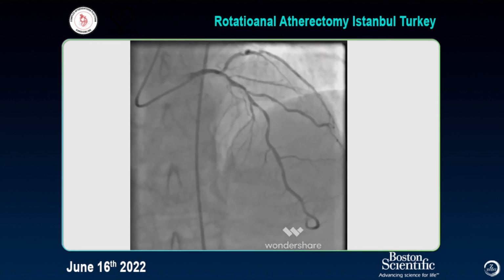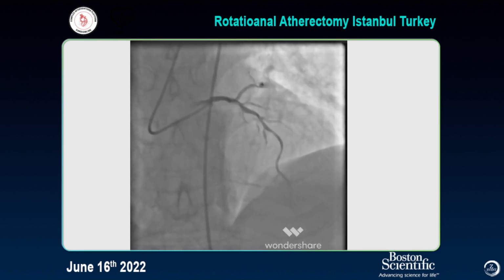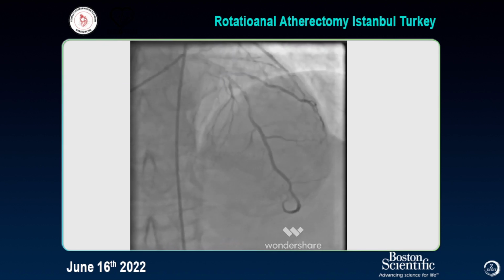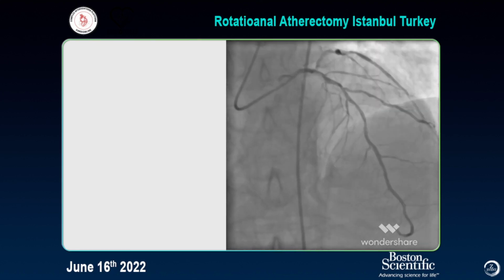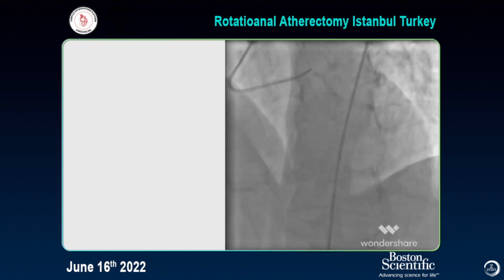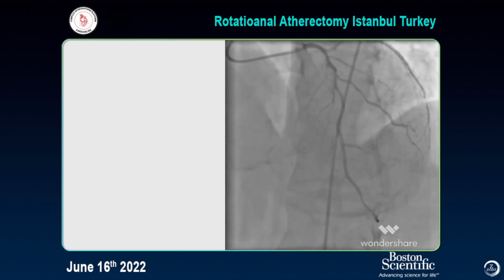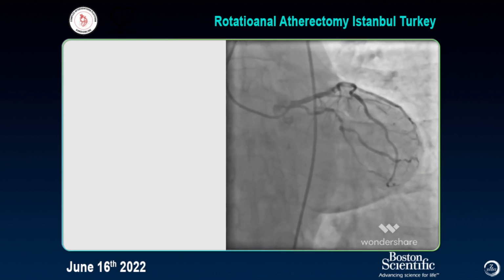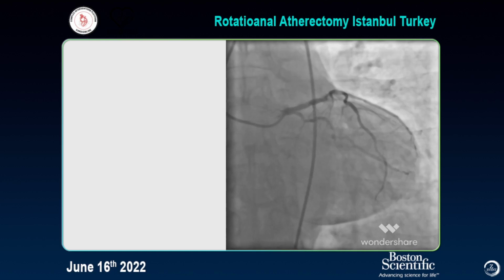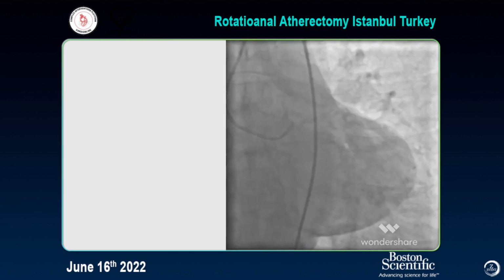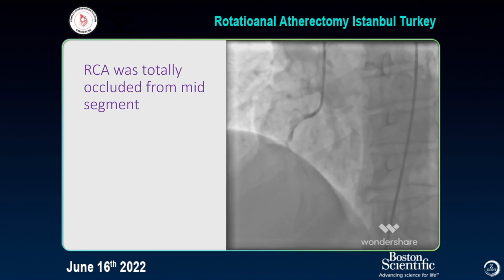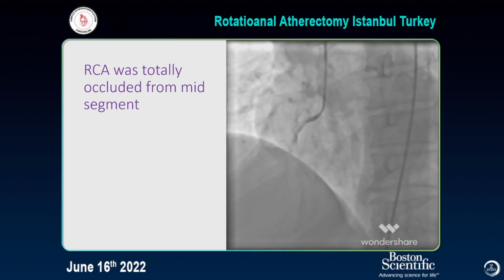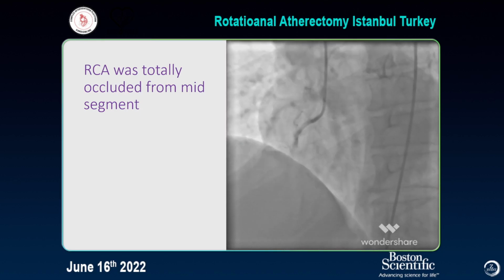On angiography, there was a diffuse severe lesion on the LAD involving both the diagonals. You can see a highly calcified coronary on the LAD. There was also a severe diffuse lesion on the circumflex starting from the ostium, while, as was evident from the ECG, there was total occlusion of the RCA from the mid-segment.